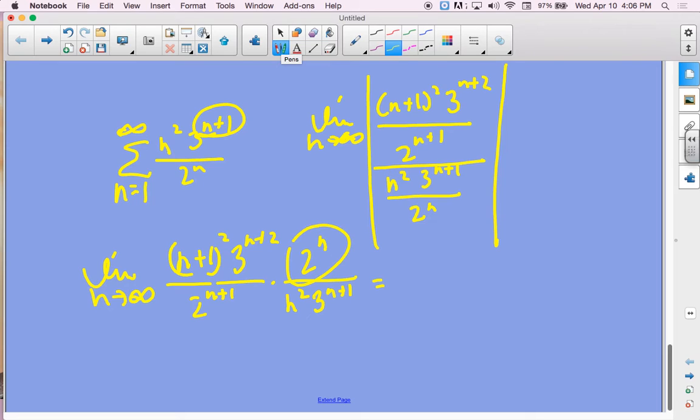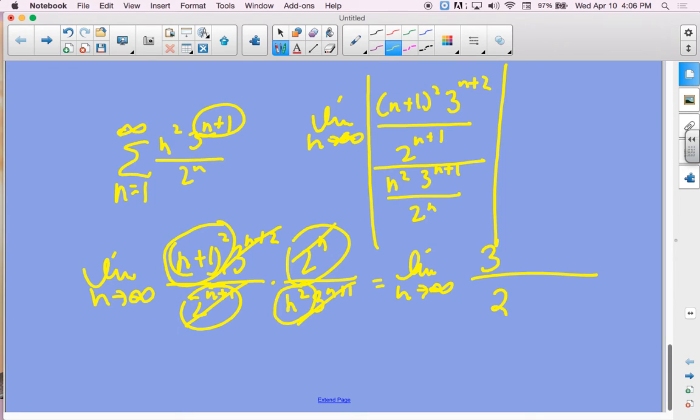You can reduce this and it leaves you a 2 to the n on the top and 2 to the first on the bottom. So you subtract your exponents here, it leaves you a 3 on the top.